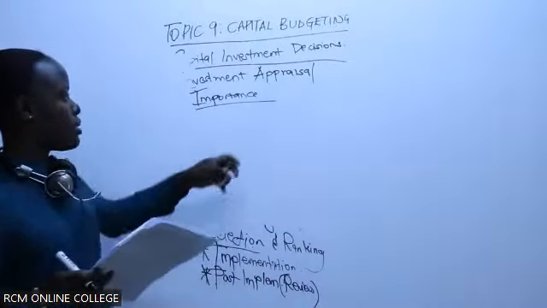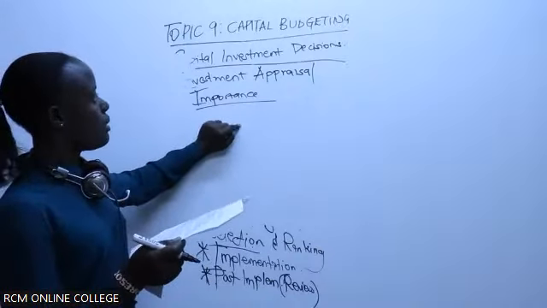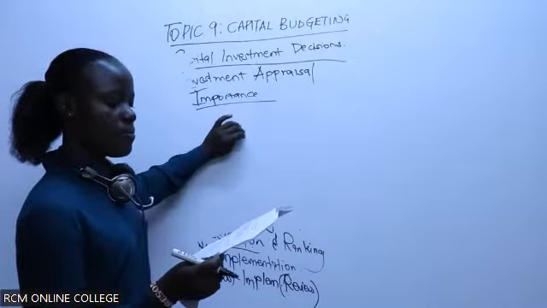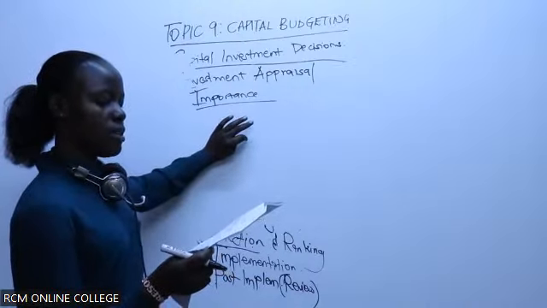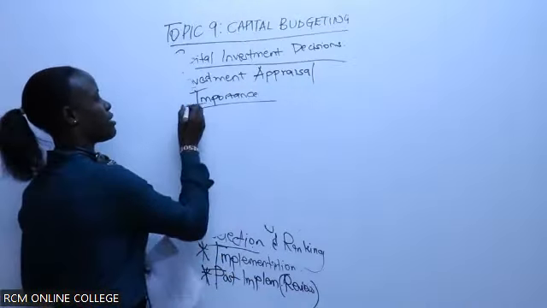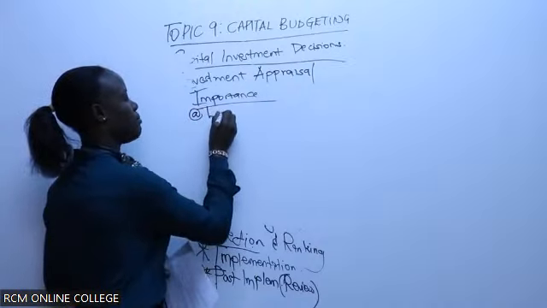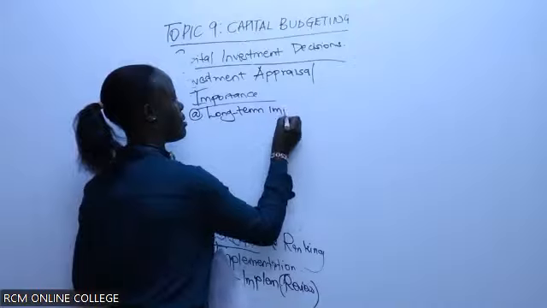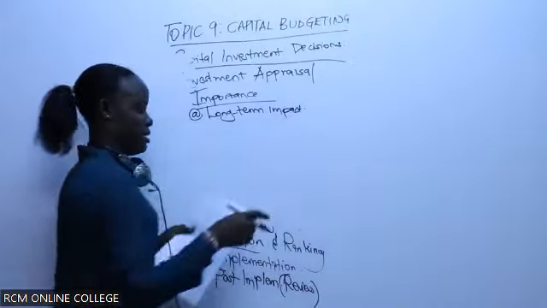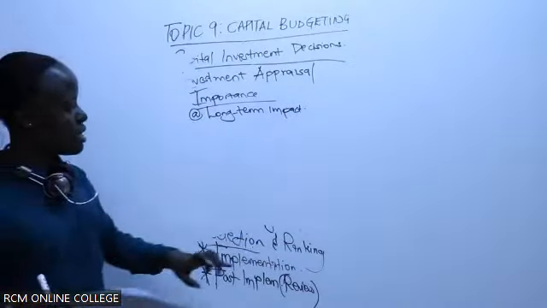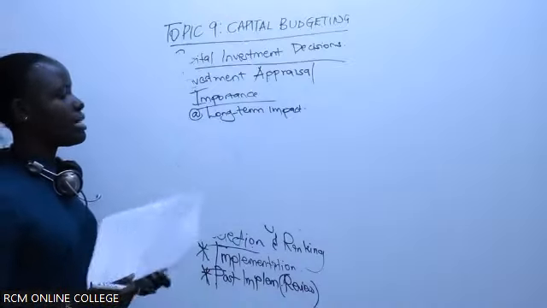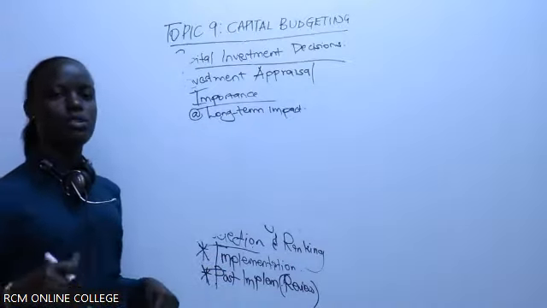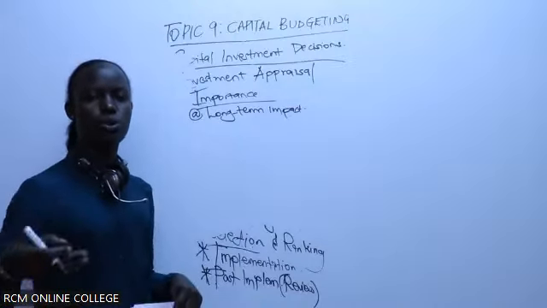The first importance we can talk of is that capital budgeting has a long-term impact. The decisions that are made in capital budgeting are profound, to last long and impact the financial health. You don't run a project that lasts you a month or two or even one year.